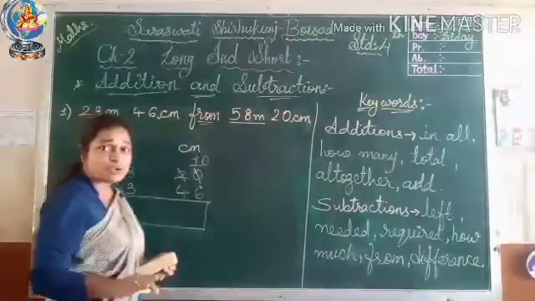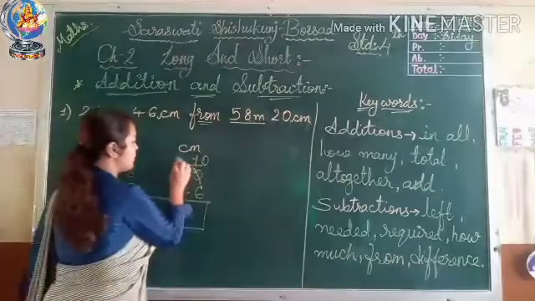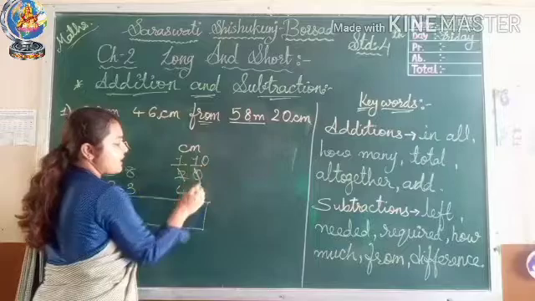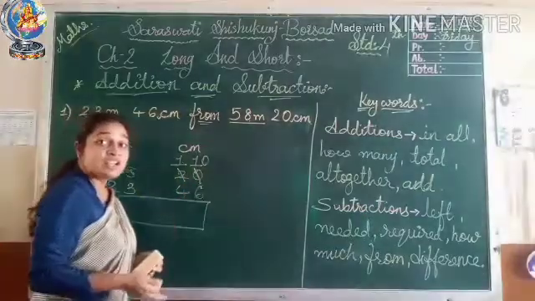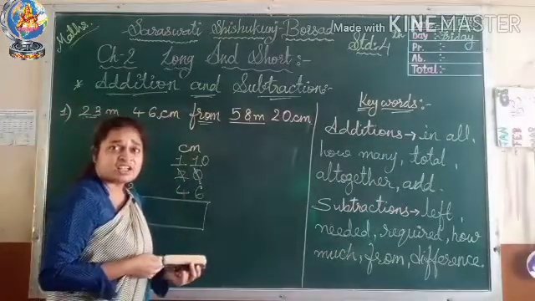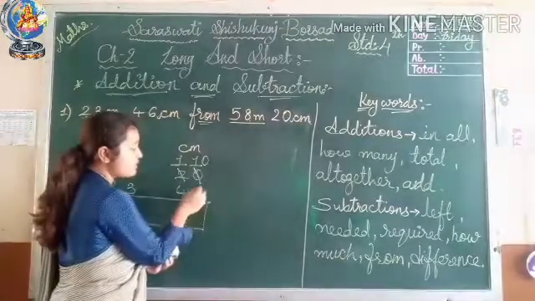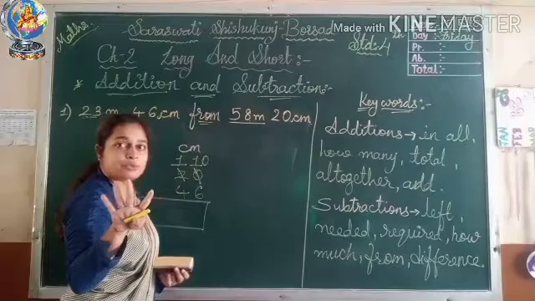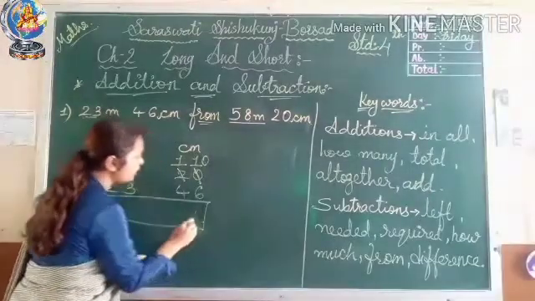Here 1 ten is left. Now 10 minus 6, how much? Easy, no need to count 10 and then cut 6. Simple thing, count after 6 up to 10: 7, 8, 9, 10. Total 4. So your answer will be 4 here.